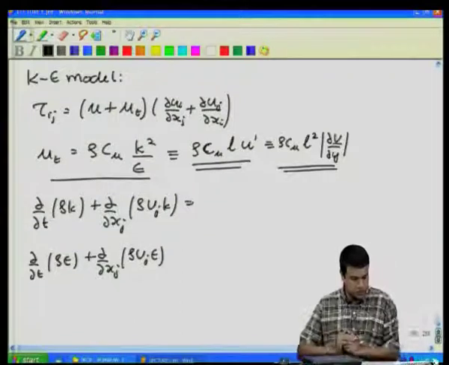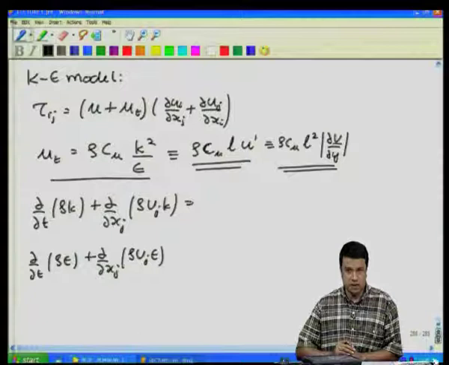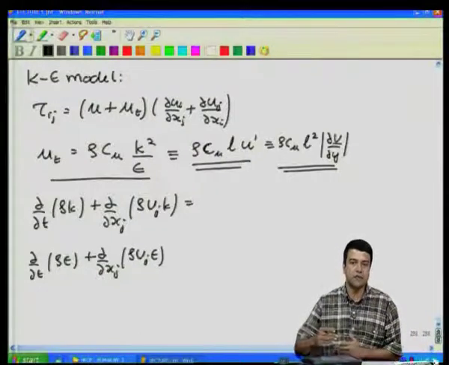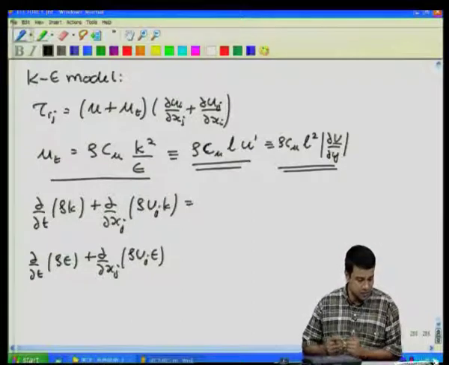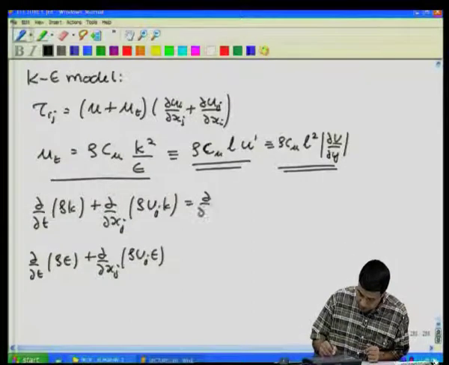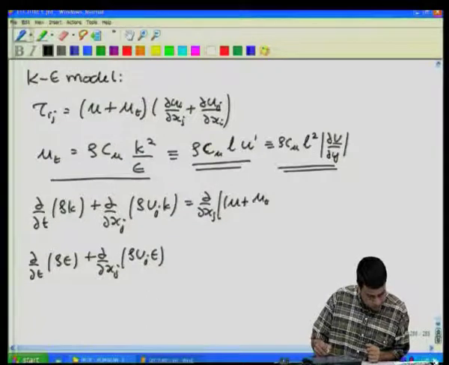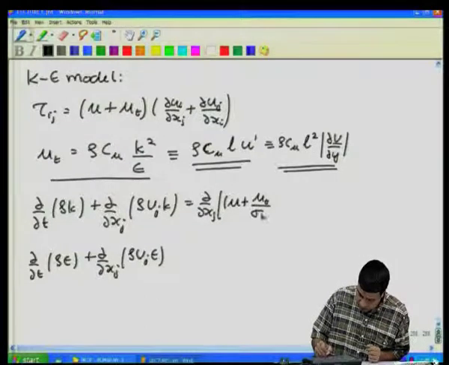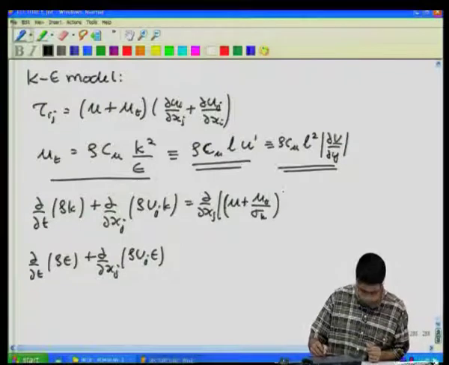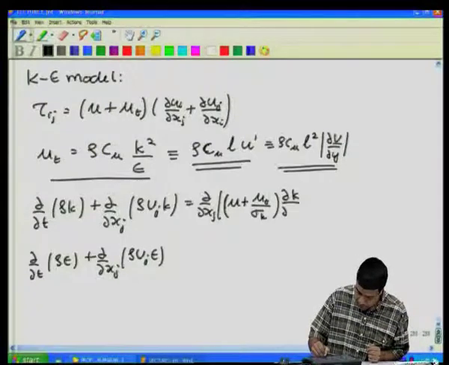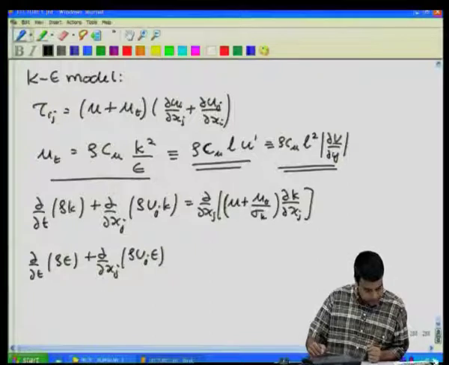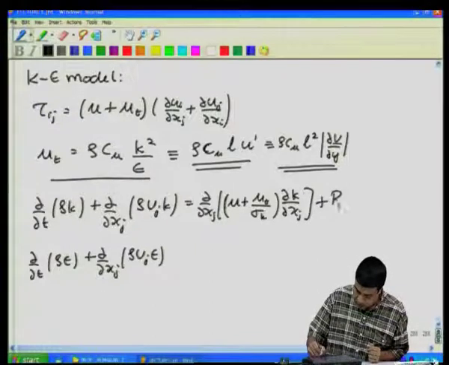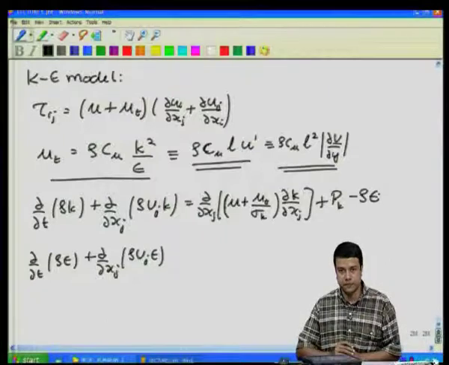On the right hand side for the kinetic energy, you have a diffusive term, basically the diffusion of kinetic energy due to inhomogeneities in the kinetic energy. Plus a production term minus the rate of dissipation of energy.